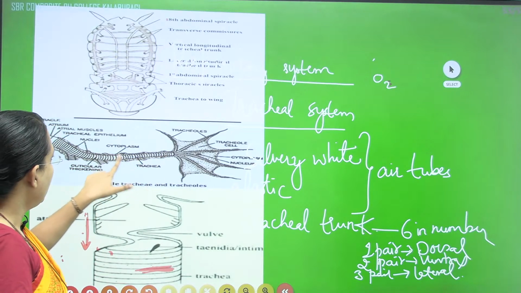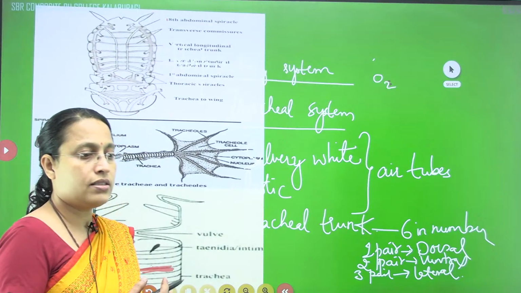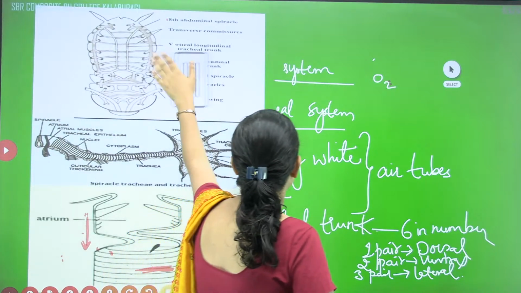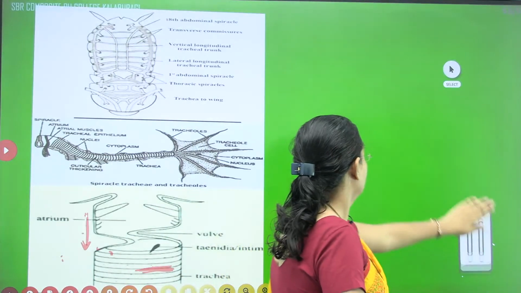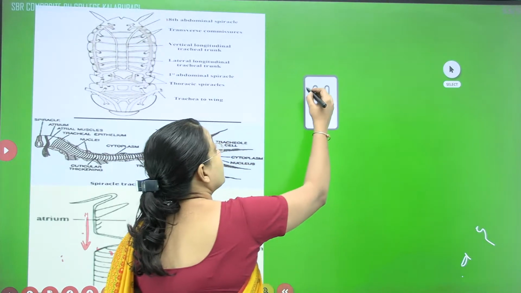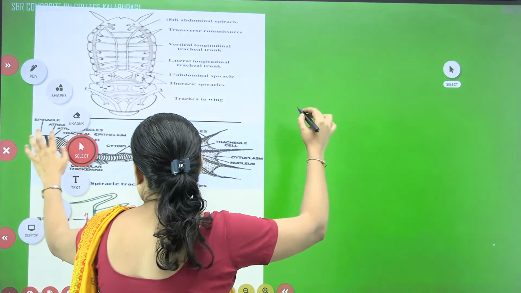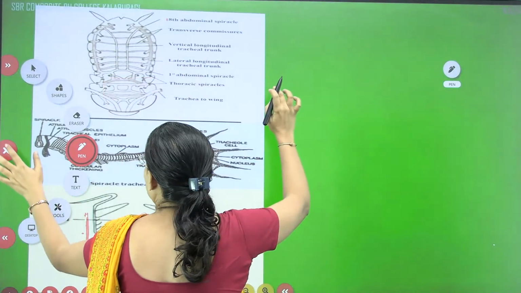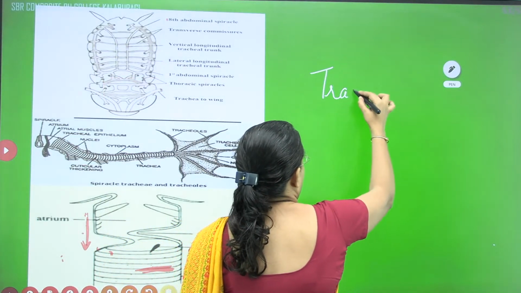Now what are the components present in the trachea? What is the structure of the trachea? Tracheal structures.